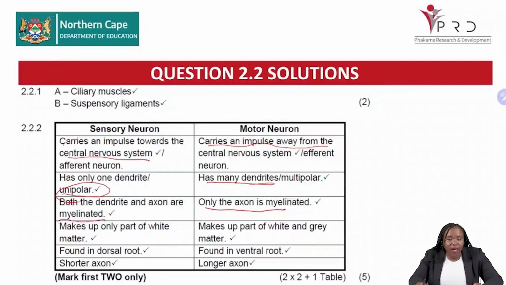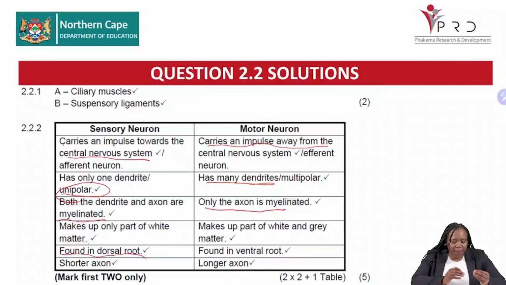right? And then next we have the fact that it makes up only part of the white matter, that is the sensory neuron, whereas the motor neuron makes up both the white matter and the gray matter. And then found in the dorsal root. Remember, when you draw your reflex arc, you should be able to indicate this part. Why is it found in the dorsal root?